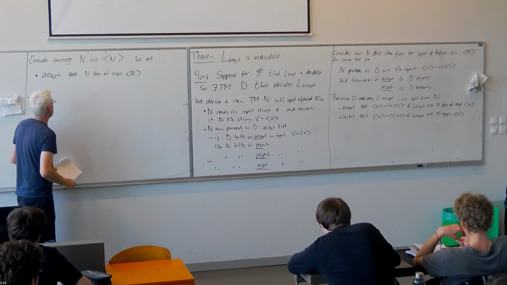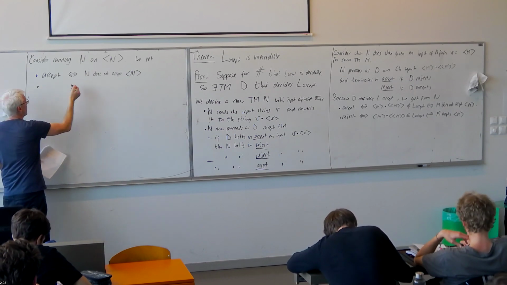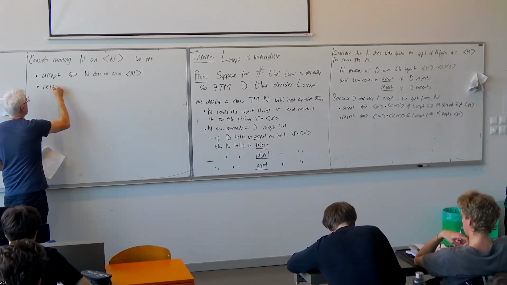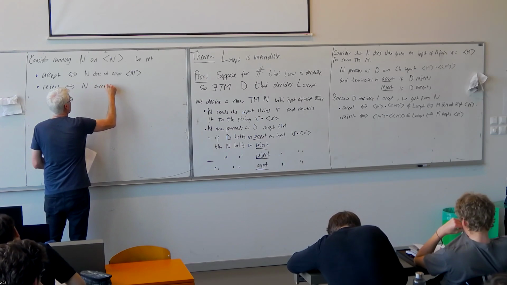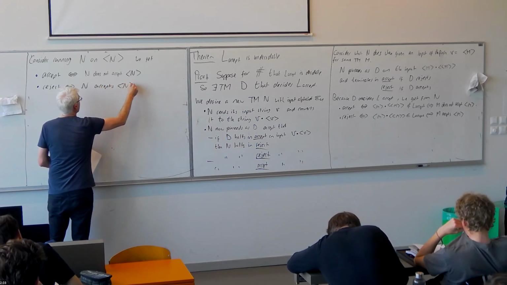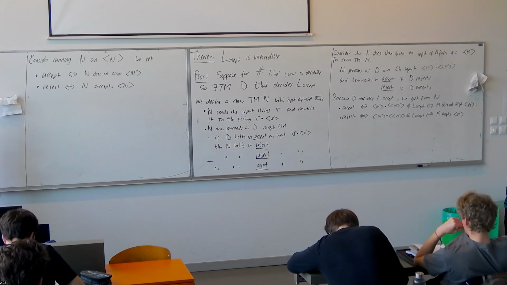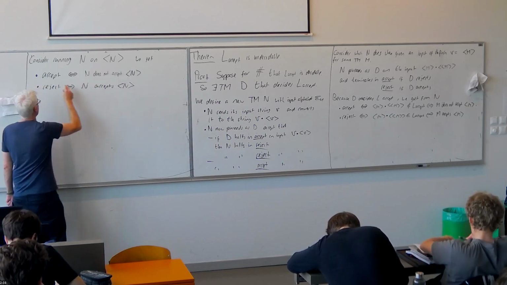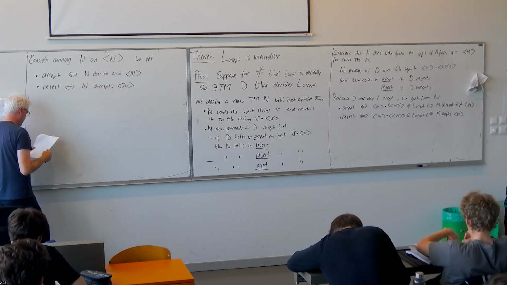But actually, that fact doesn't need to come into the argument. And we have that running N on N accepts if and only if N rejects. But this is a clear contradiction, because we're saying running N on N does this if and only if it does the opposite, and vice versa. So both alternatives are absurd.